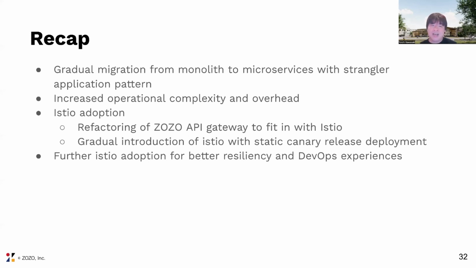We refactored the API gateway to fit in with Istio. We gradually introduced Istio to our production cluster using canary release deployment. Now, we are working on further Istio adoption for better resiliency and DevOps experience.